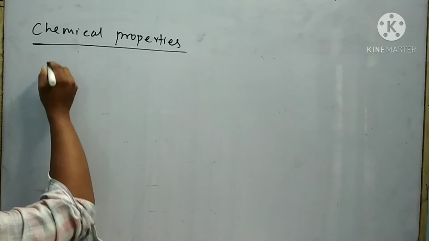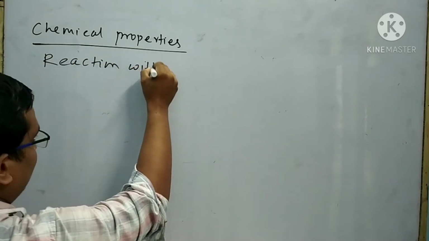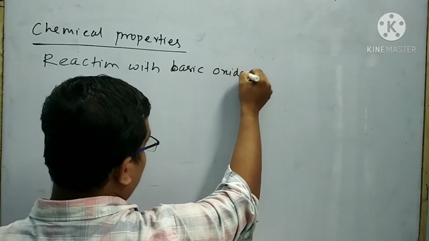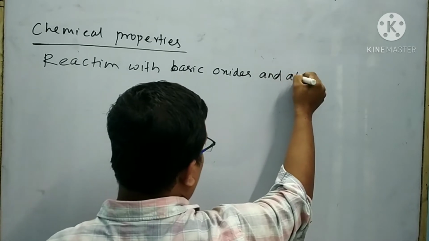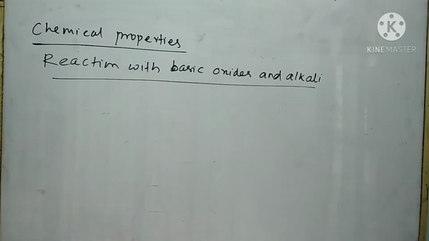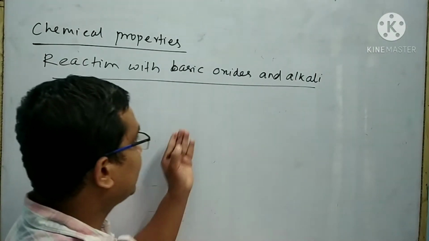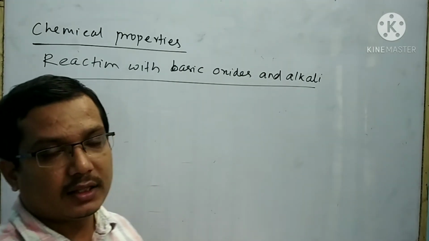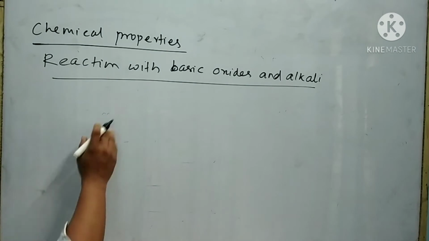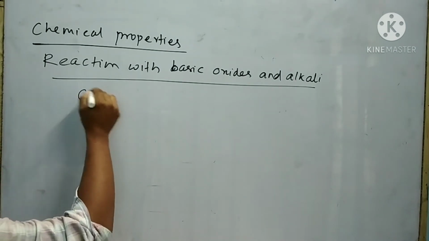Next chemical property is reaction with basic oxides and alkali. When sulfur dioxide reacts with a basic oxide or alkali, then sulfide is formed. Suppose I take an example of a basic oxide, calcium oxide.